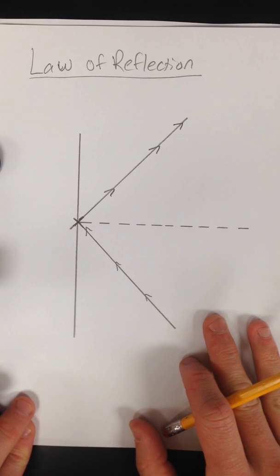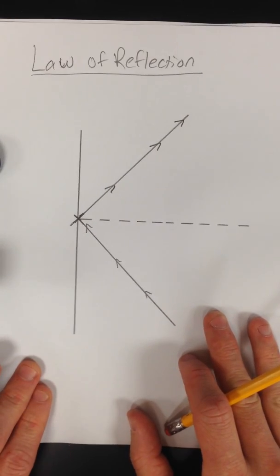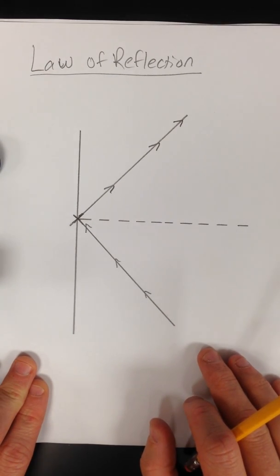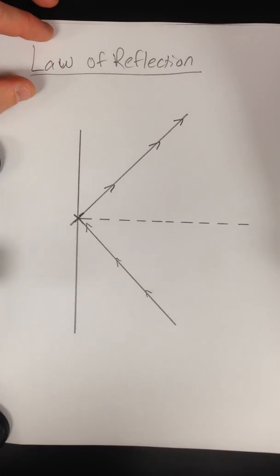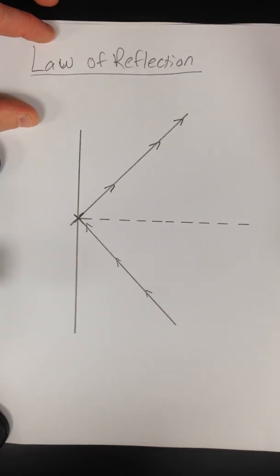The last thing you discovered in your investigation had to do with angles at the height that light hits a mirror surface at. What you discover with angles is called the law of reflection.